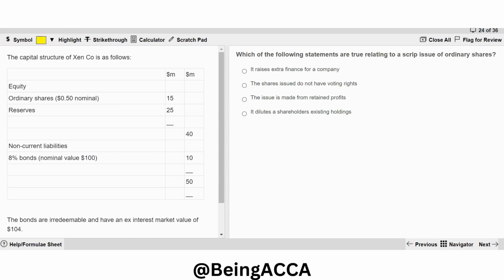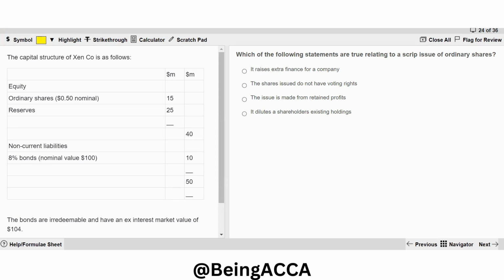Bonus shares do not bring any finance into the company. It is made through the retained earnings. When you capitalize your retained earnings, you are issuing bonus shares to your shareholders. So no additional money comes into your business, and this is what a scrip issue or a bonus issue is.